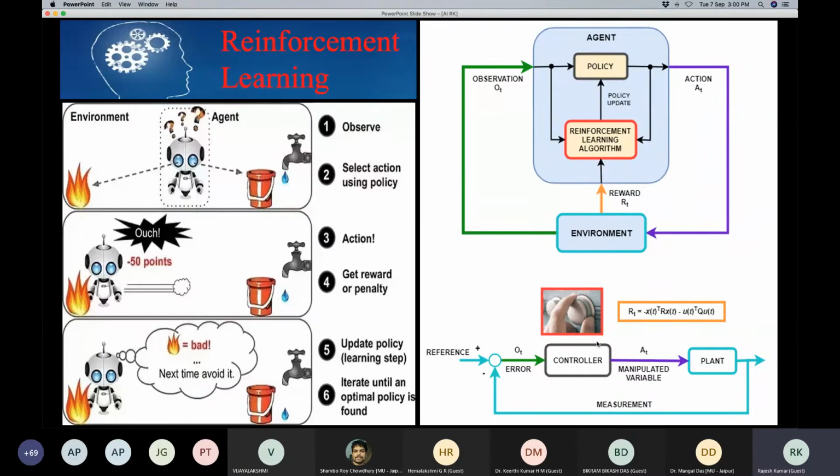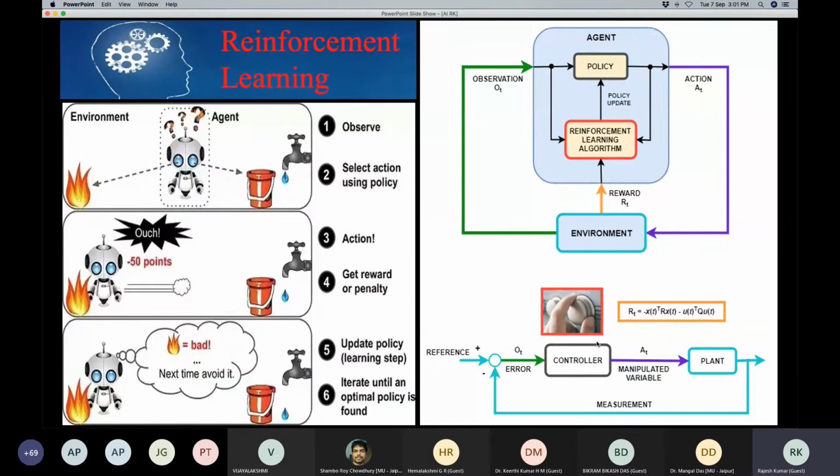This one is reinforcement learning. One good example, now let's extend it. You can see on your slide, on the left hand, there is one agent in the form of a bot, and the environment is there. There is a fire, a bucket, and water. The agent performs a certain action, say it goes to the fire.